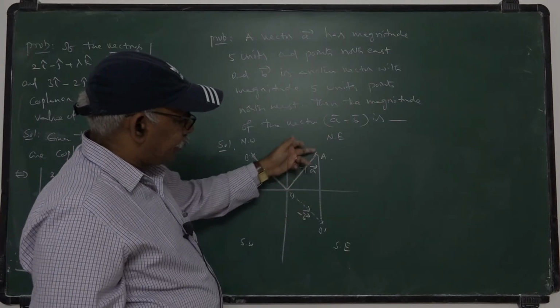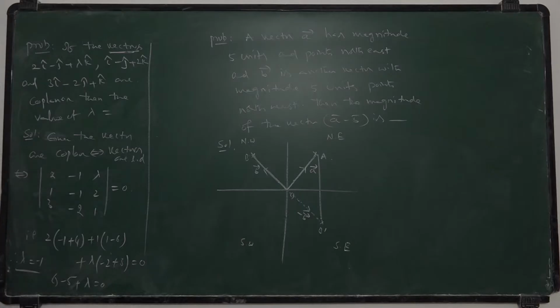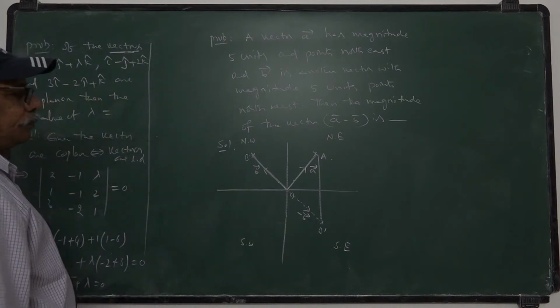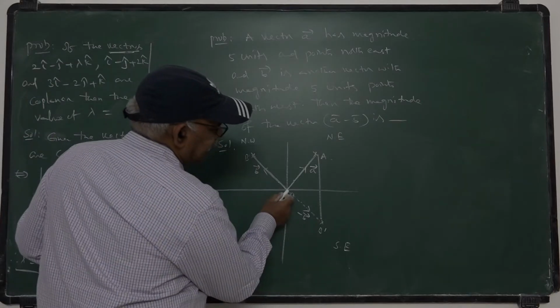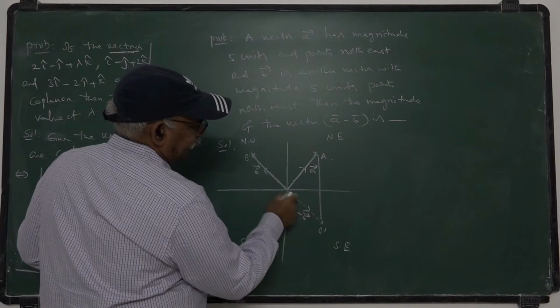So adding these two vectors, we get this vector. Minus B bar is in this direction, A bar is in this direction.